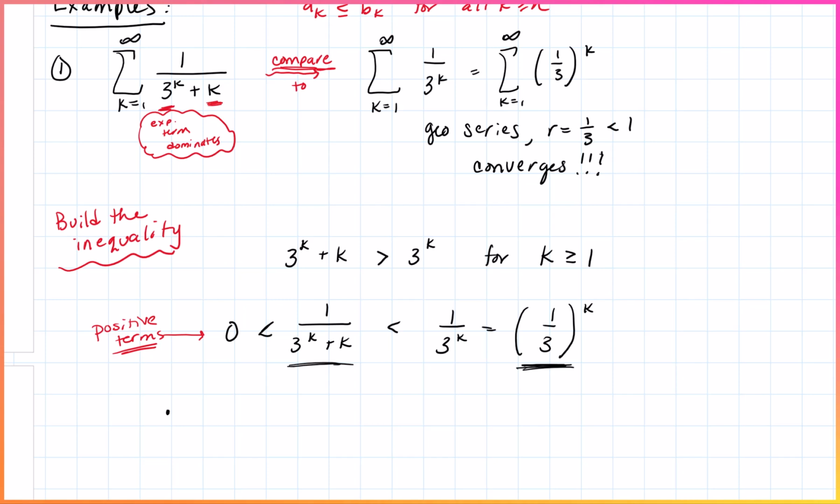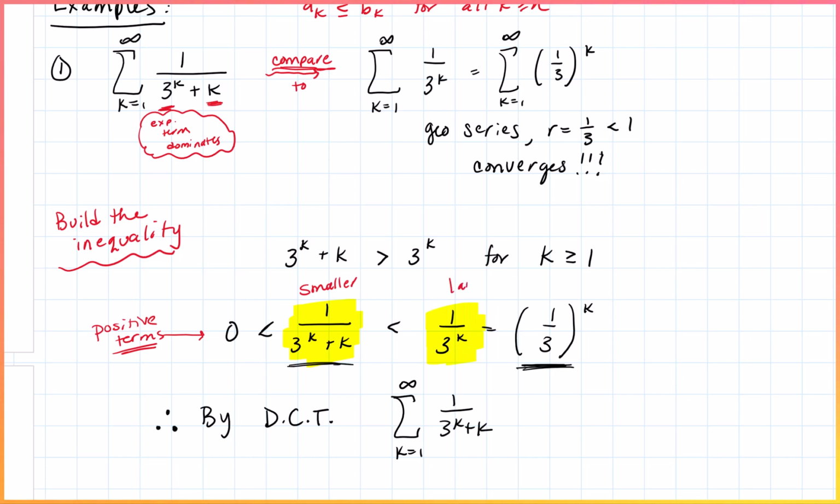So we have everything we need to say, therefore, by the direct comparison test, and that's a direct comparison because I built the inequality, the series I'm looking at, 1 over 3 to the k plus k from k equals 1 to infinity, because that is the smaller series, it is always less than this series, which is larger, but the larger series is converging.